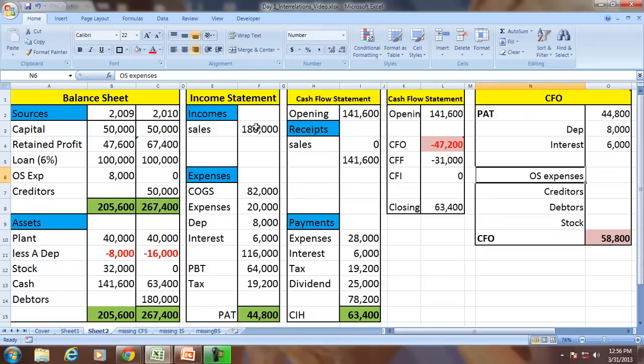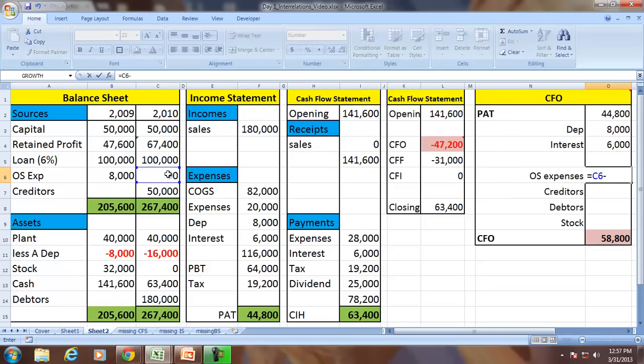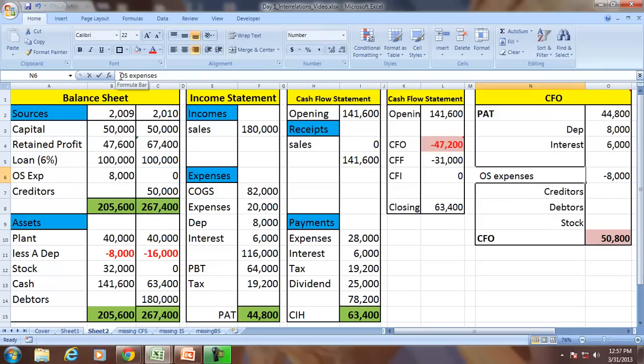Outstanding expense. Whenever the opening balance sheet and closing balance sheet are given, we can understand the changes in outstanding expense, which will show whether cash has been paid or not paid. In this case, the outstanding expense has reduced. So that means we paid money during this period, 8,000.